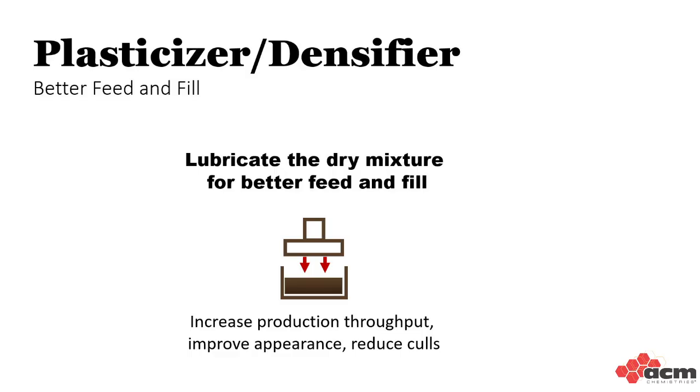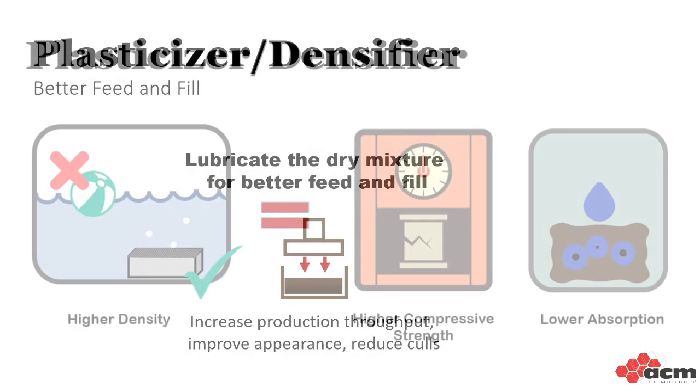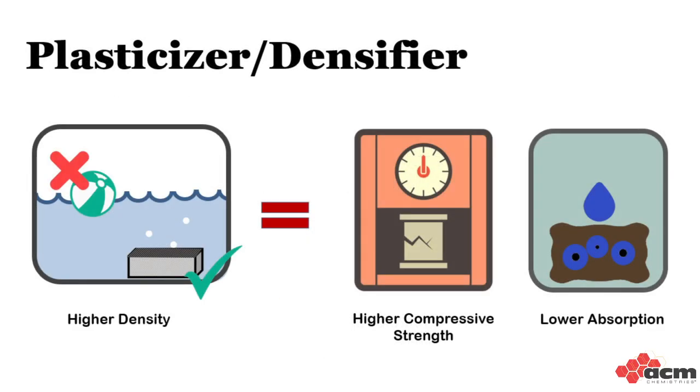Besides helping to disperse the cement, plasticizers and densifiers act as a lubricant to allow the dry mixture to feed, flow, and fill the molds better. This produces products with higher densities, increased compressive strengths, and lower absorptions. So, plasticizing, densifying, dispersing, lubricating, what does this mean to me?